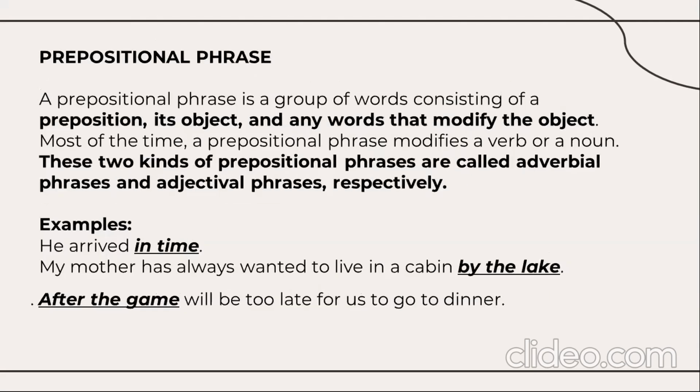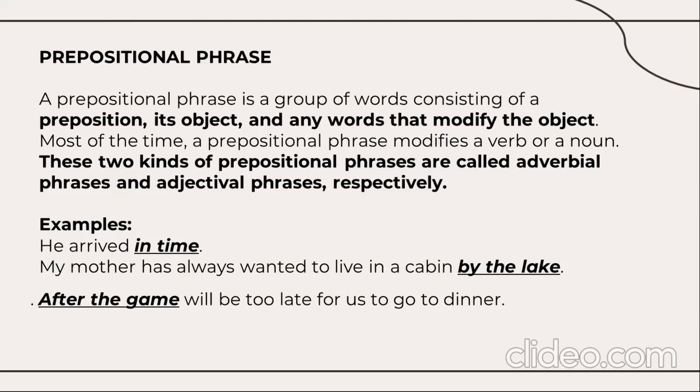Now, we have the prepositional phrase. There is no prepositional clause, only prepositional phrase. A prepositional phrase is a group of words which consists of a preposition, its object, and any words that modify the object. Most of the time, a prepositional phrase modifies a verb or noun. So these two kinds of prepositional phrases are called adverbial or adjectival.